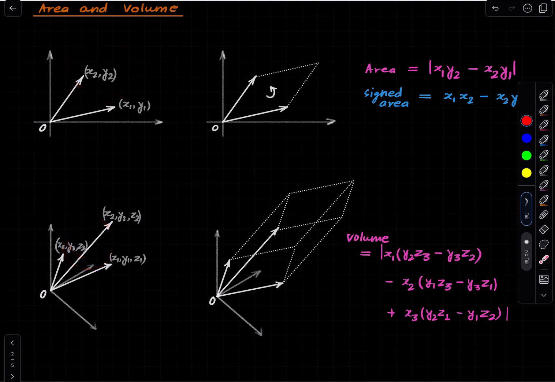But in an abstract vector space, there is no notion of even length. You can't talk about the length of a vector. In an inner product space, you can, right? If you have an inner product space, then you can take the inner product of the vector with itself and take the square root. That you can call the length of a vector, but we do not want to work with inner product spaces. We don't want to restrict to inner product spaces.